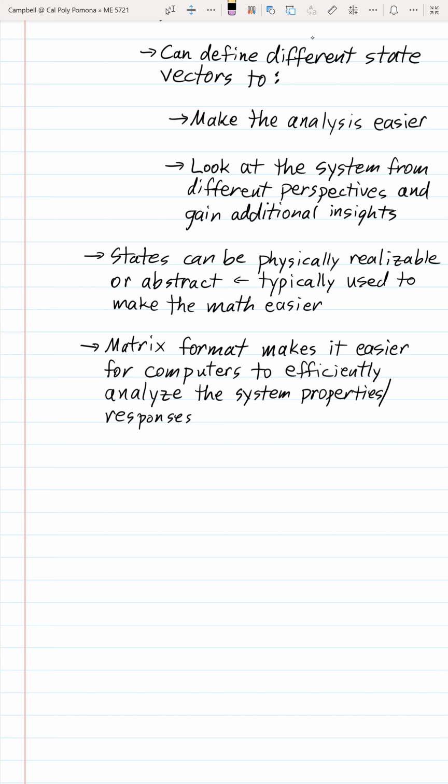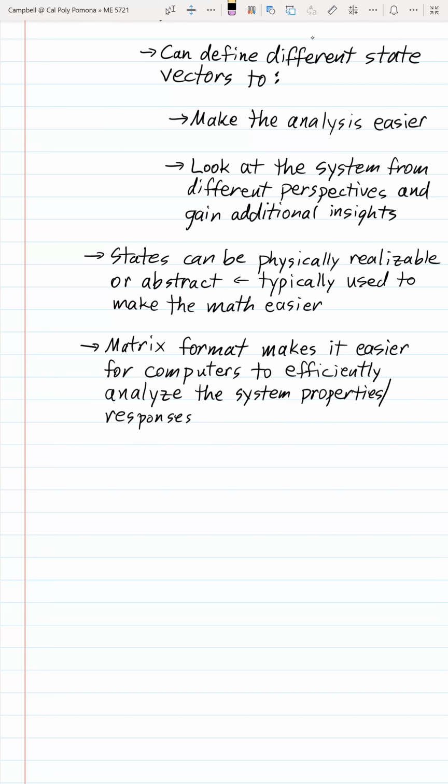But remember that this is a general way of representing a dynamic system, a system that has a transient phase to its response. Because what are inputs? Inputs are just how the system is being excited. What are the outputs? The outputs are just what you're observing for that system.